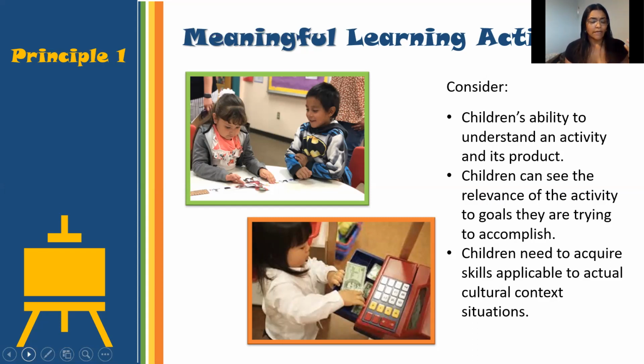So with all this, we need to think about how children try to find the answer or solution to a specific problem, and how they become more successful once they understand the concept. Children can see the relevance of the activity to goals they are trying to accomplish.